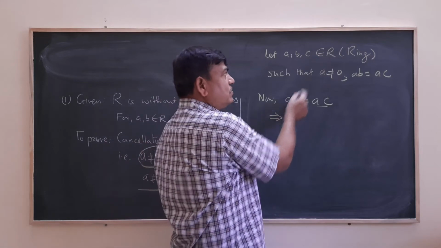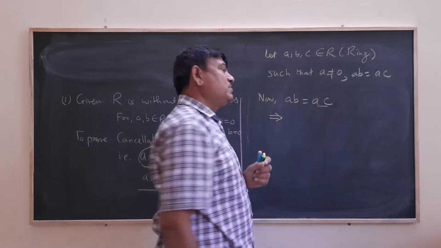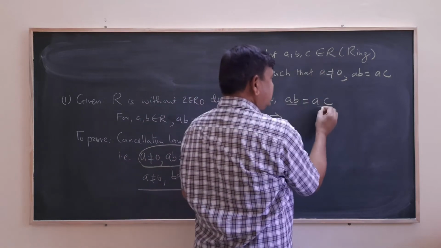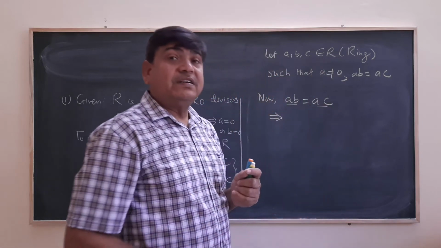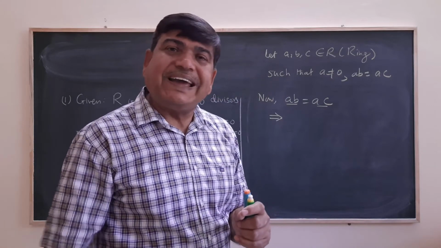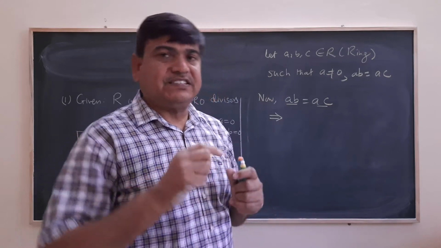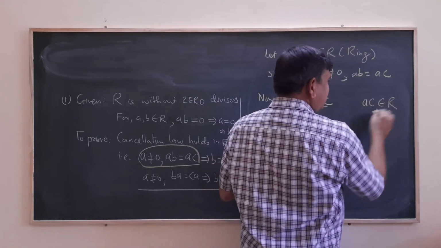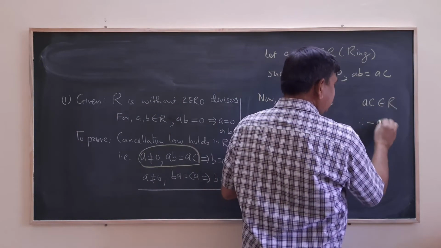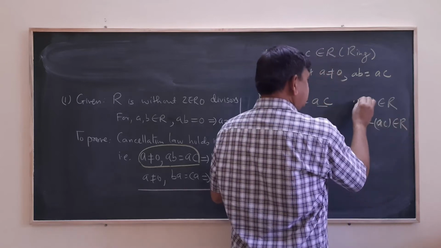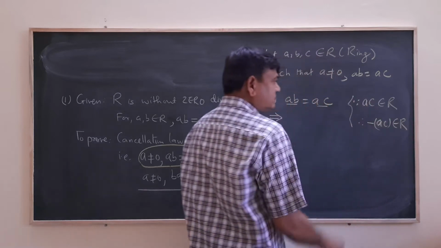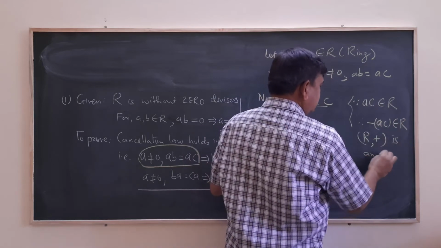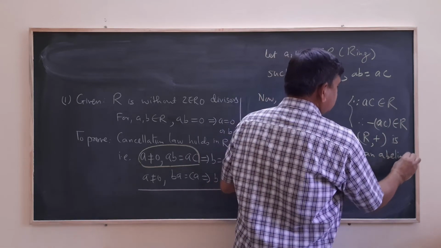So AB is also the member of R, AC is also the member of R. AB is member of this, AC is member of this, and you remember R plus is a group, so additive inverse exists. AC belongs to R, therefore minus AC belongs to R, since R plus is an abelian group.